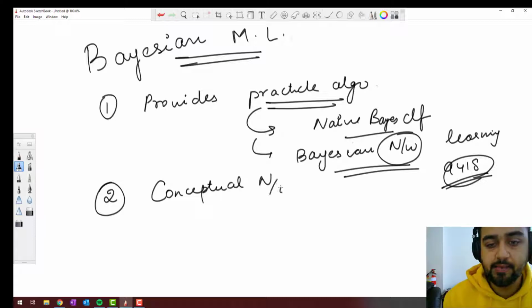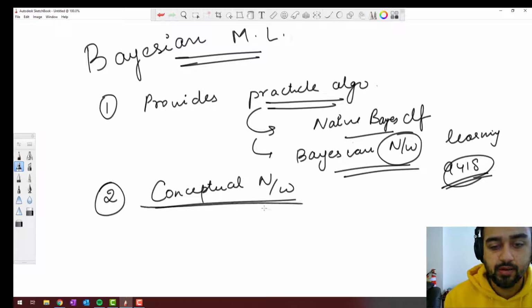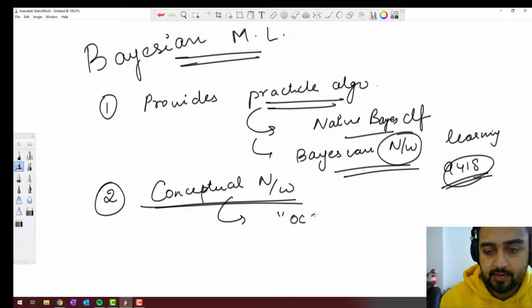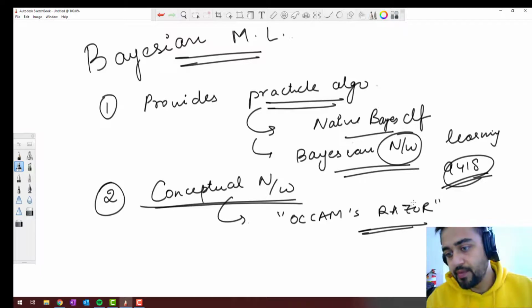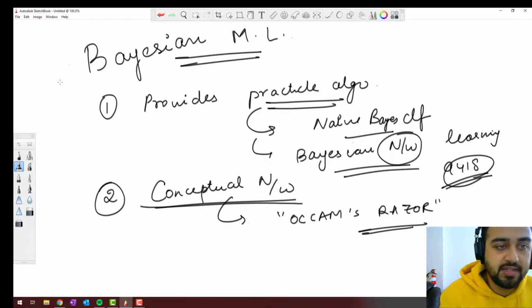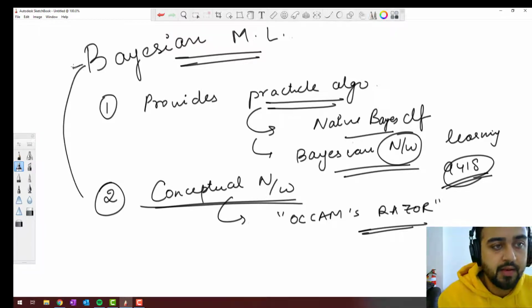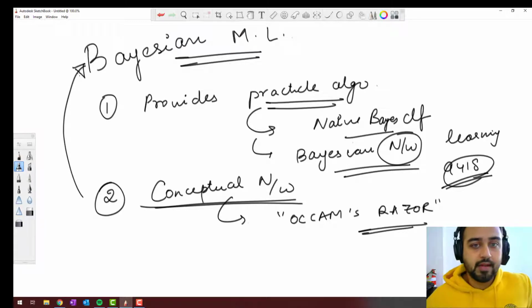So it basically provides a basis for you to work on or to compare your models with, right? So you have heard of Occam's razor, which states that the simplest solution is the most general one, right? And Bayesian machine learning provides you the simplest way to classify a data sample into a class.